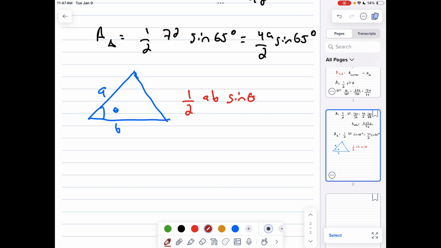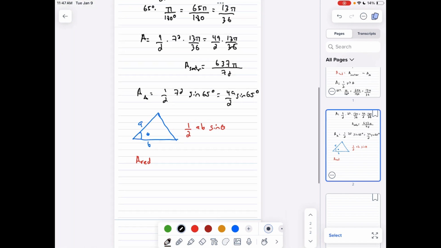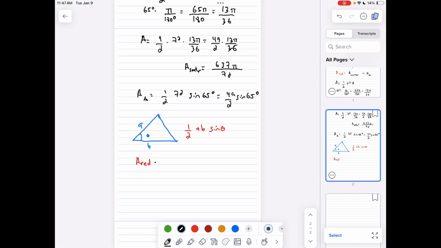And your final answer for the area in red here is the area of the sector of a circle, which is 637 pi over 72, minus 49 over 2 sine of 65 degrees.